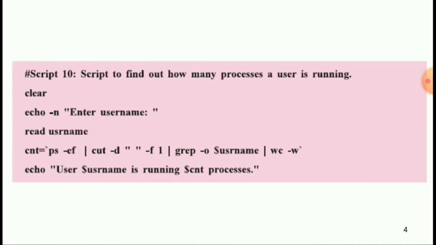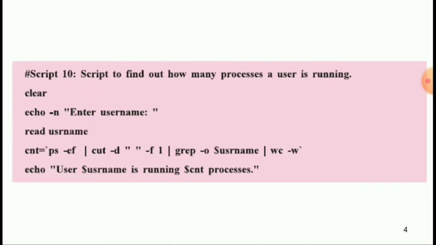Your script output is available in the terminal window. The first line begins with the hash sign, which means a comment line. Next is clear. Next is echo followed by the message to enter a username. That means the user enters the name, which is stored in the username variable.